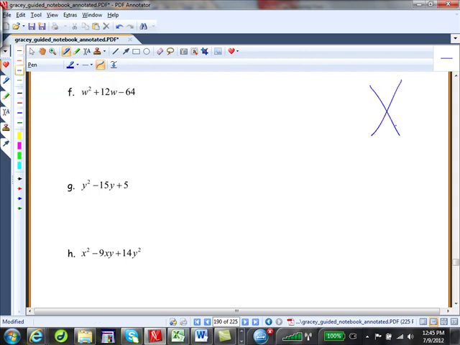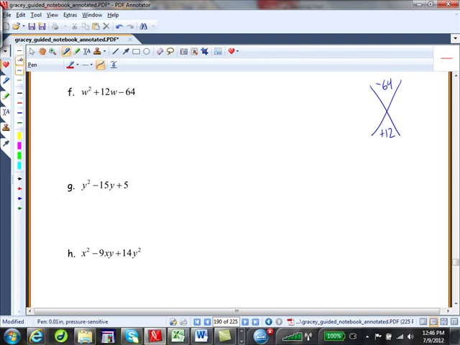So overall product is negative 64, middle term of positive 12. I know I'm going to have opposing signs, which makes the middle term the result of a difference. So two numbers that have a product of negative 64 and a difference of 12 are going to be, let's see what you came up with.